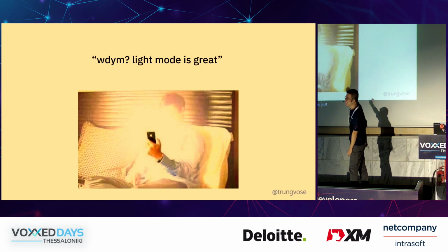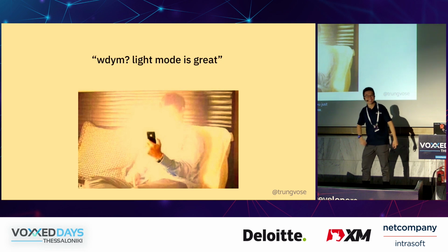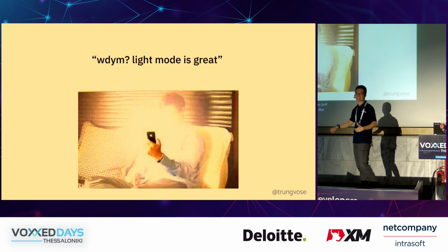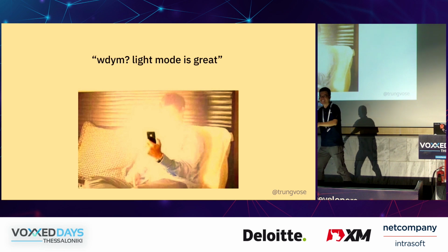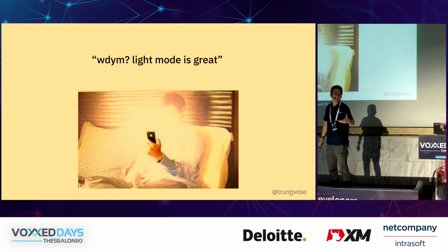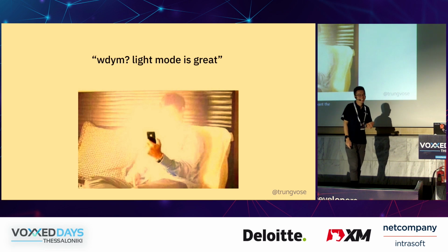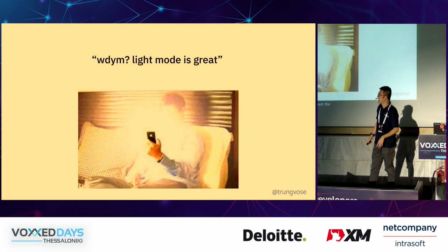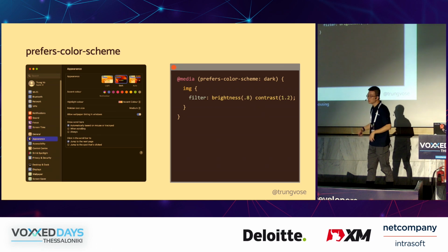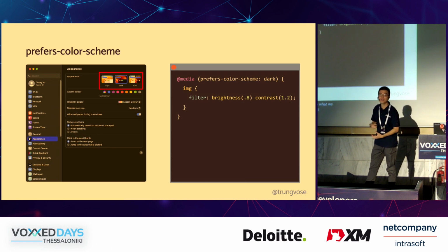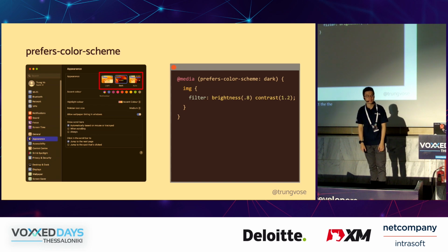But you configure the operating system and say, I want the dark theme, but you are browsing until midnight, then it's not that ideal a scenario. So what we really want is to respect the user's configuration, so that it makes the experience so much better.